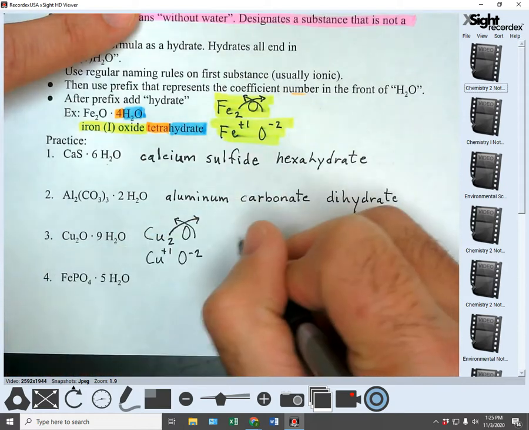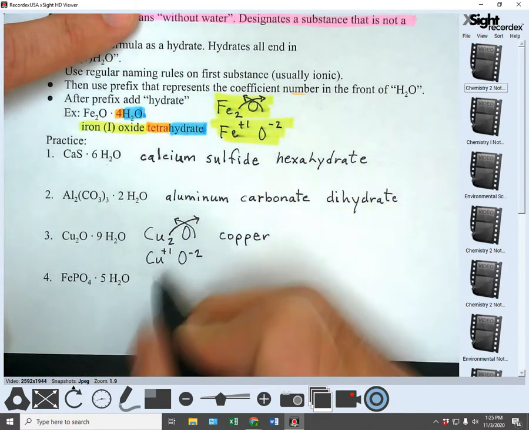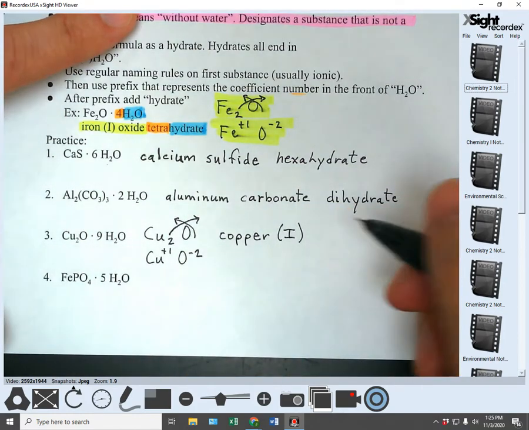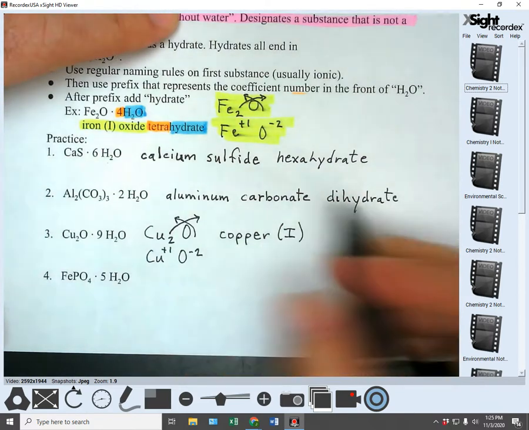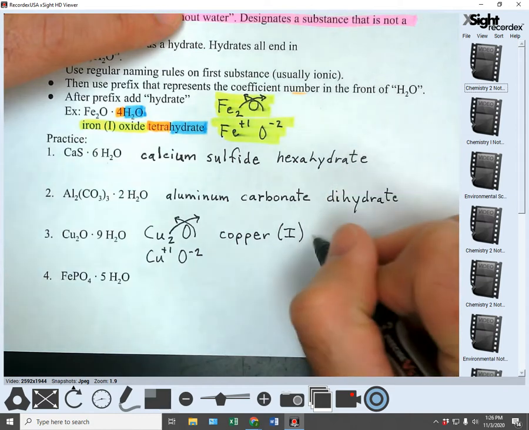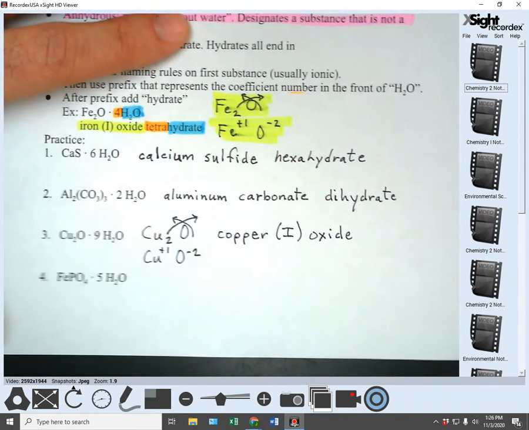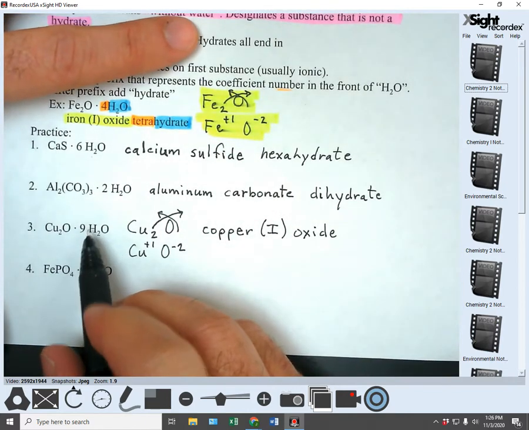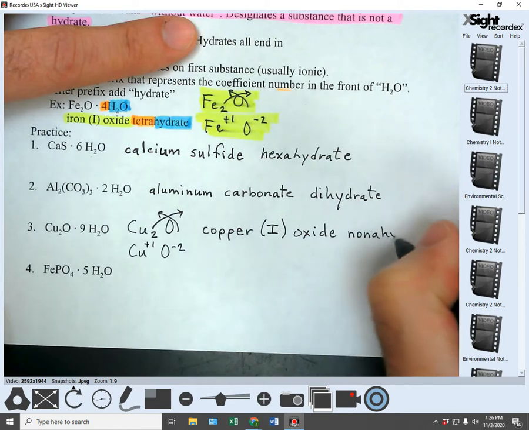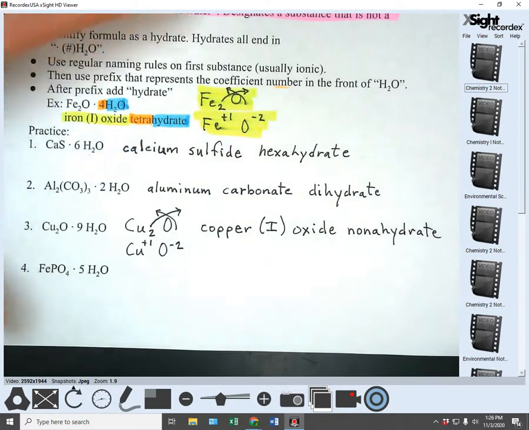So it's copper. Our Roman numeral is a 1. And our anion is oxygen, so it's monatomic, so we turn that to oxide. So copper 1 oxide. And then 9 is nona, hydrate. So it's copper 1 oxide nonahydrate is the full name.